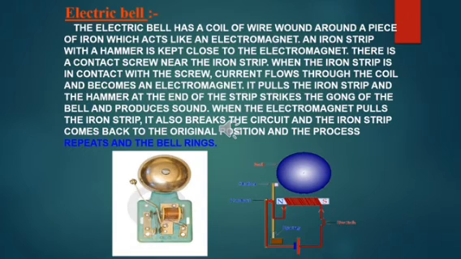And this is how your bell rings. Have you all understood, children? I hope you all have understood how the electric bell rings. You carefully listen to the video 2 or 3 times, or you try to analyze the figure. Okay, so you will understand how the electric bell works.